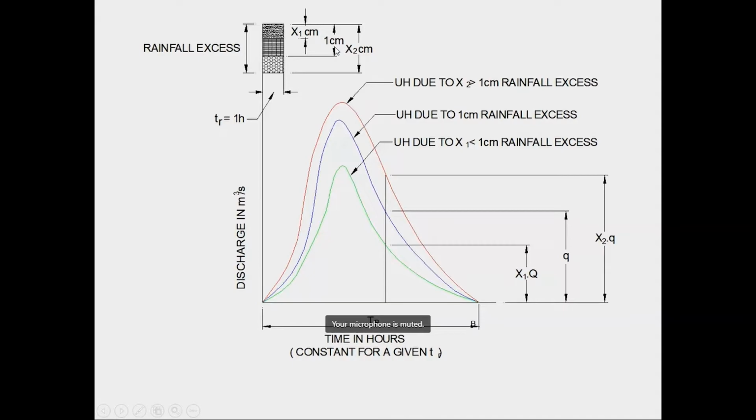TB is the base, from here to here it has happened. Now a rainfall of the same duration, 1 hour, but the value is less than 1 centimeter, x1 centimeter. Then what will happen? TB will remain the same. Only this ordinate will get reduced by this value.